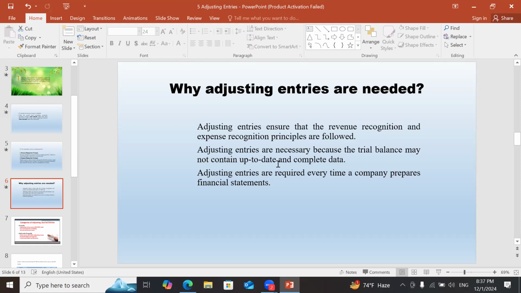In this situation, adjusting entries are needed. And last one, adjusting entries are required every time a company prepares a financial statement. Adjusting entry is a must to complete a financial statement. Without adjusting entries, you cannot complete a financial statement. So it is another important term of adjusting entries.